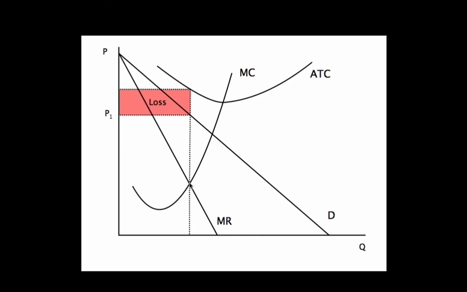The best I can do is to produce at that profit maximizing point, and set the price here, but there's no way I can make a profit because ATC is going to be above that. So the difference between price and ATC is my profit or loss. That's my per unit loss. That would be my total loss. And so this monopoly cannot make a profit given where demand is and given where ATC is.